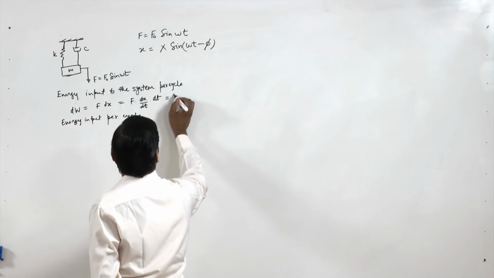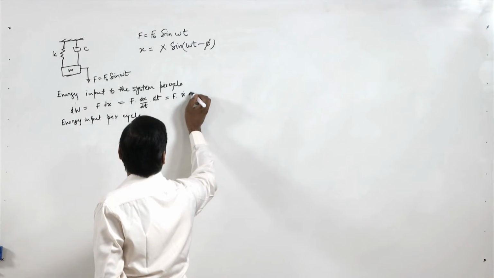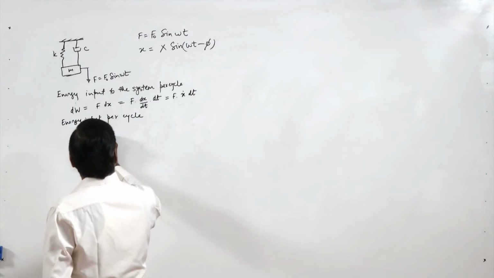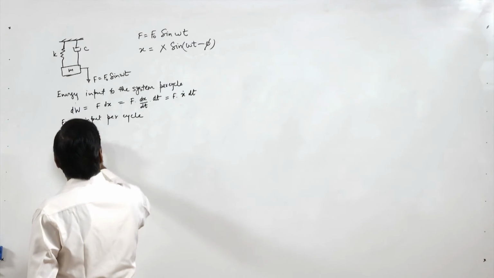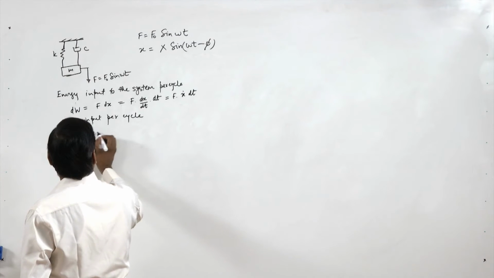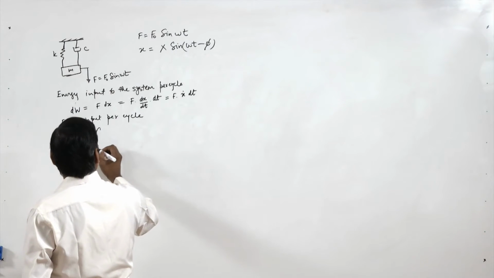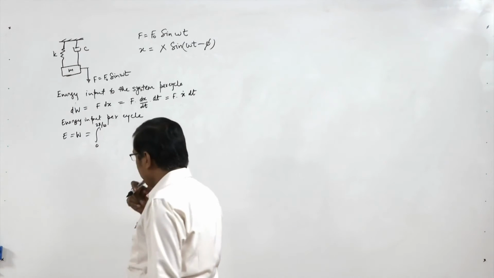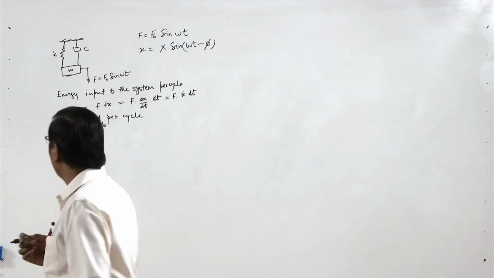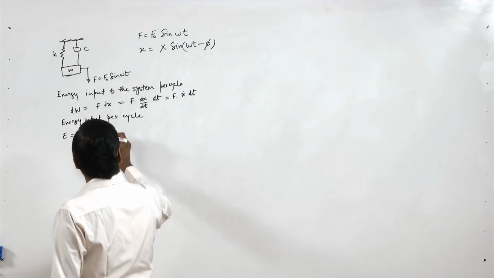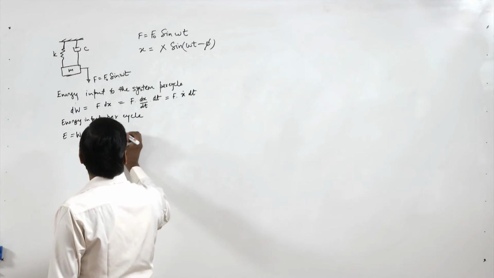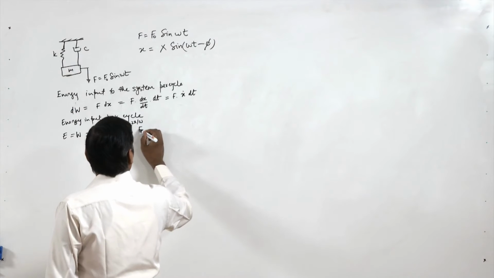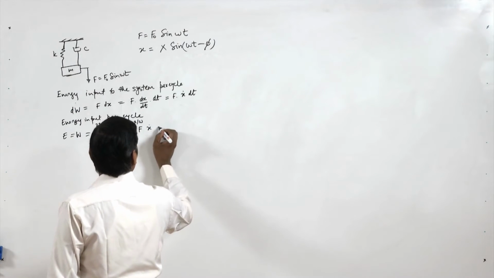So that is nothing but F into x dot into dt. So here if we want to know the energy, that is the work done. For one cycle we say 0 to 2 pi upon omega, because 0 to the time period, and the time period is 2 pi by omega, and W equal to the integral from 0 to 2 pi by omega of F into x dot into dt.